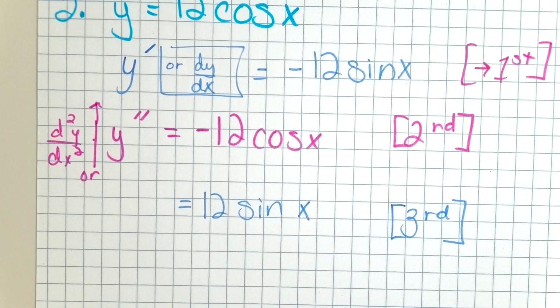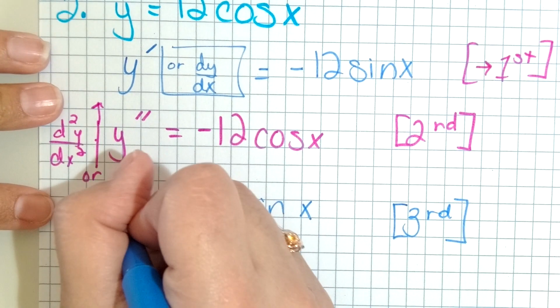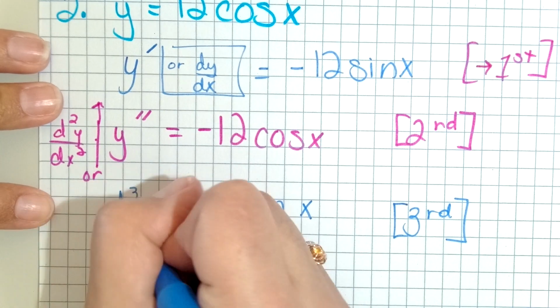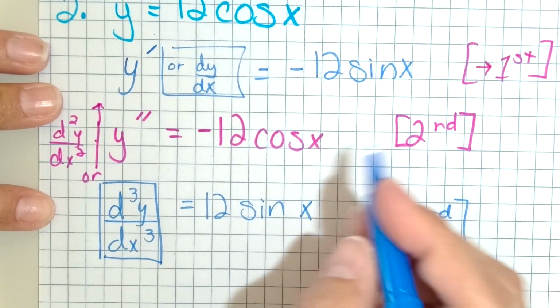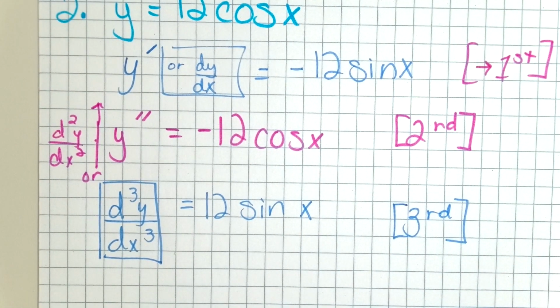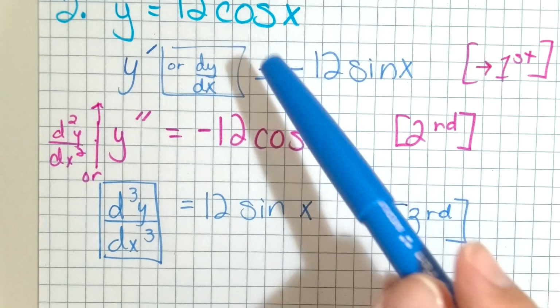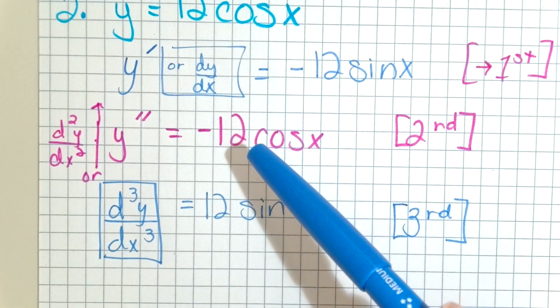Don't put y3 because that implies that it is cubed. So you will need to do d cubed y dx cubed. This is why I was trying to get you guys in the habit of doing dy dx.